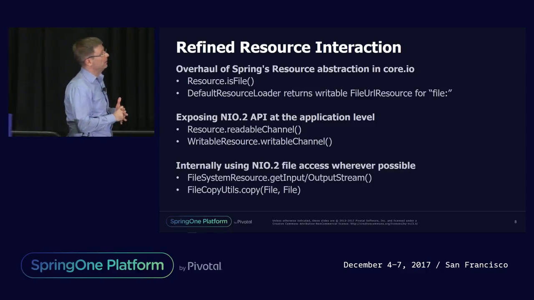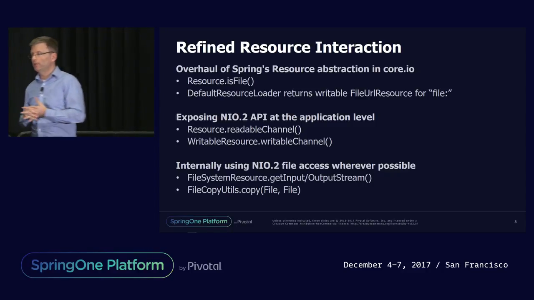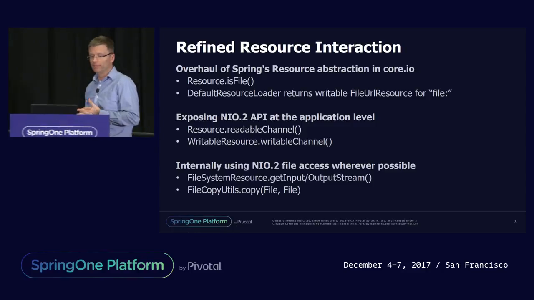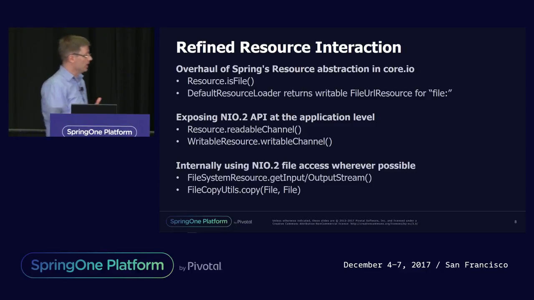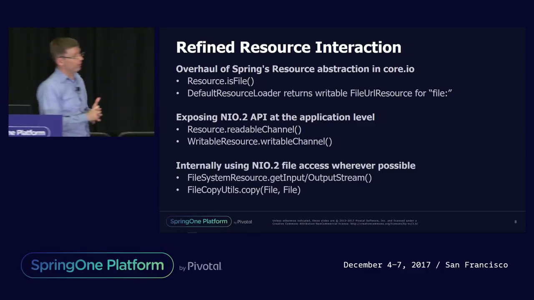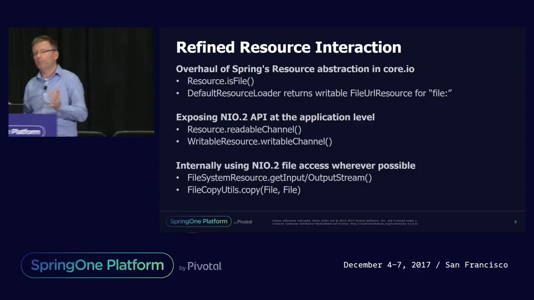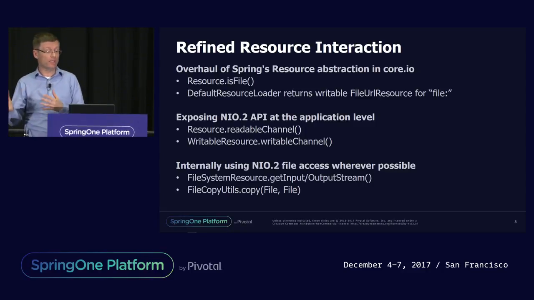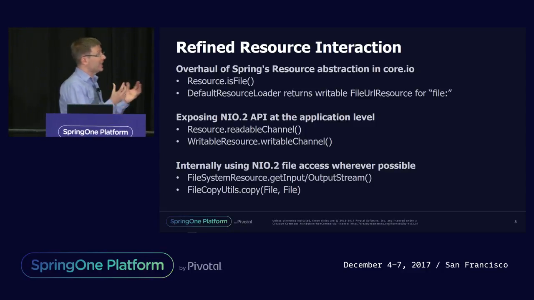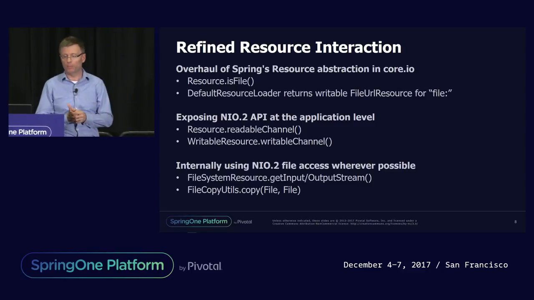Another area of refinement, the resource abstraction. Plenty of stuff being refined there in the internals. Some new methods introduced in the resource abstraction itself, like basically optimizations. Instead of trying getFile and getting an I/O exception back, you can also check whether it actually is a file in the file system that you can open as a file before.